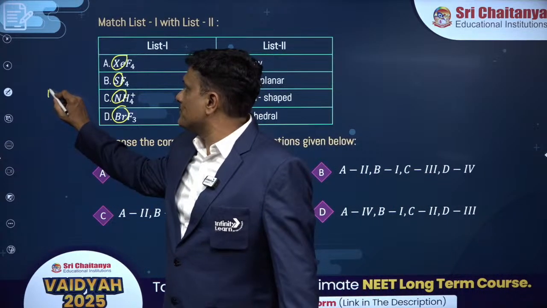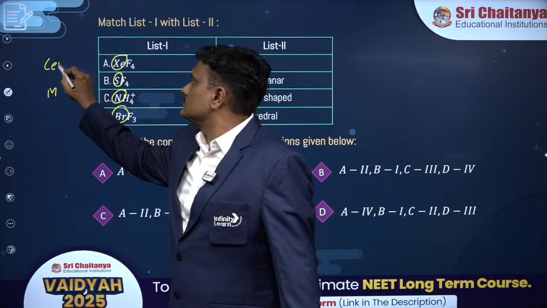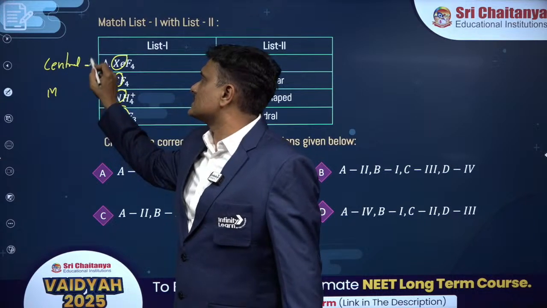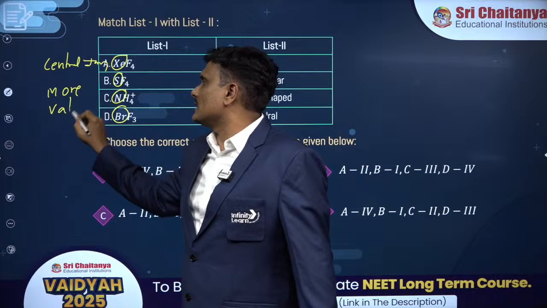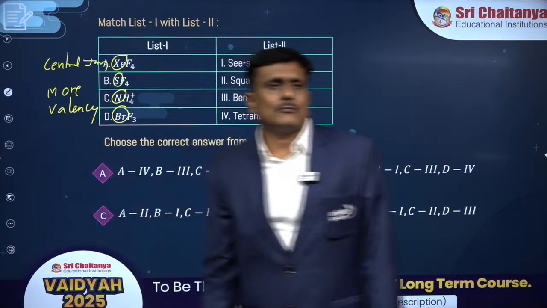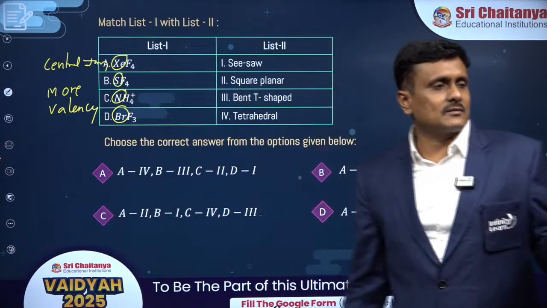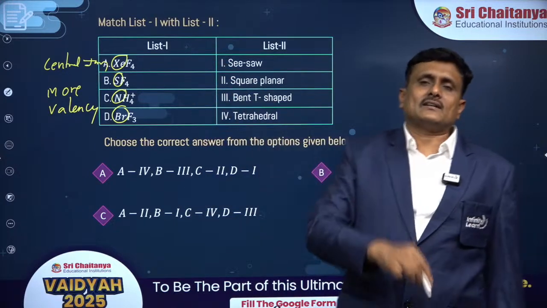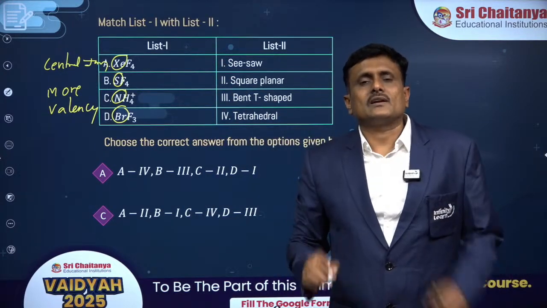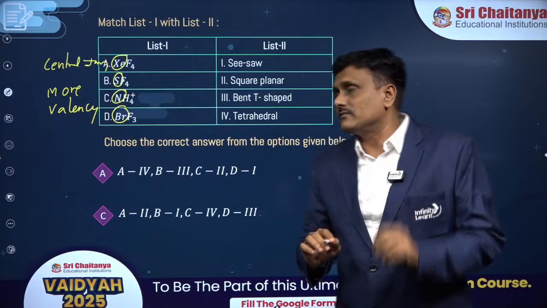The central atom is not the one which lies at the center. The central atom has more covalency or valency. Point number one, we need to understand that the central atom has more valency. So these encircled atoms are the central atoms. And after that you are going to find out the X value.